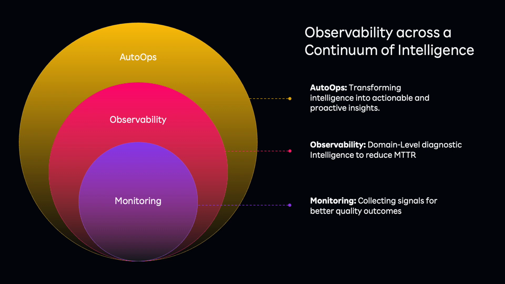So AIOps is a transforming intelligence layer that gives you actionable insights to proactively look at what's about to come, and also gives you insights into, let's say, resource management through forecasting, right? So all of those things. You're not just looking at solving issues, you're also looking at scalability over here.